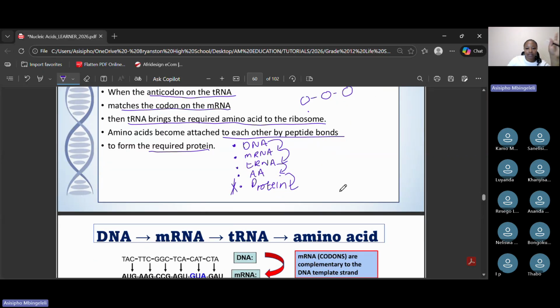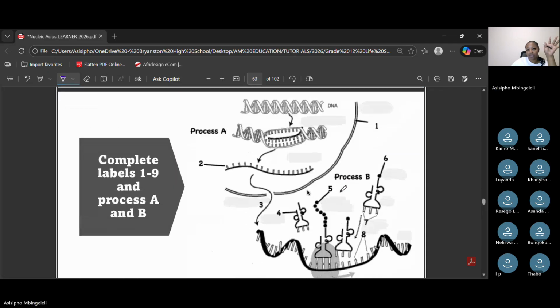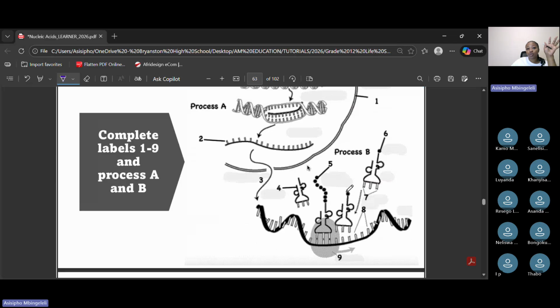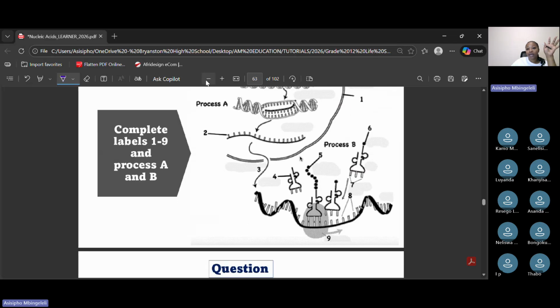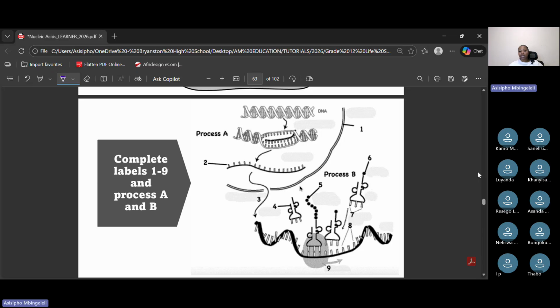Okay, same. I want us to answer this together. So just 2 minutes for you to look at the diagram, and then we answer it together. Just look at the numbers and look at what is happening here. So these are still just basics to understand the diagram. Okay, the first question says we must label 1 to 9.